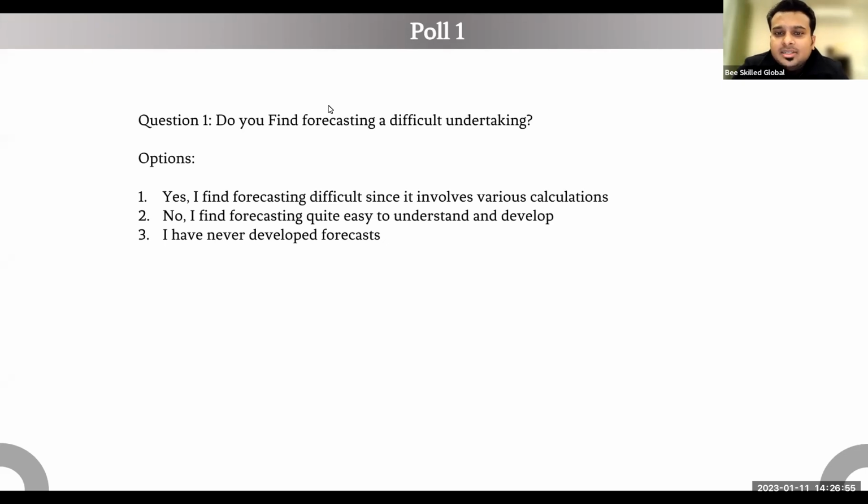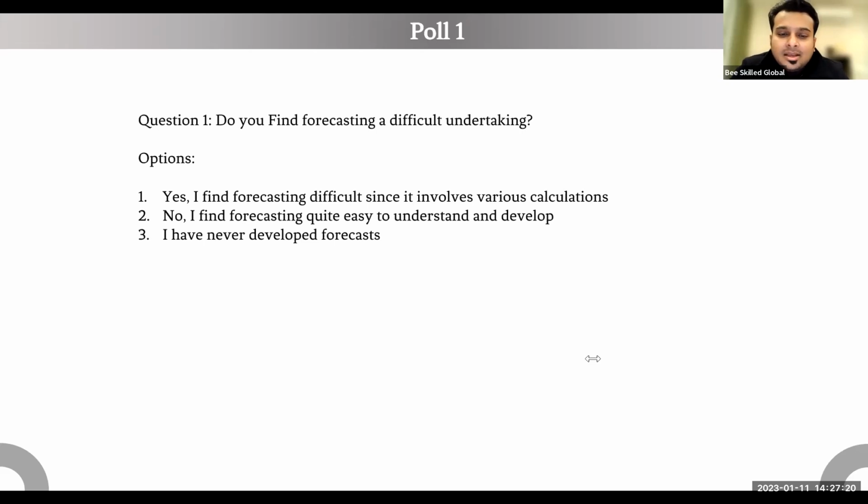But still, I find it quite a good exercise to do, though it is a bit difficult. So if someone finds it difficult, I'm with you. I myself don't have a background in statistics or making numbers speak. But I have found my own way of helping people prepare forecasts.